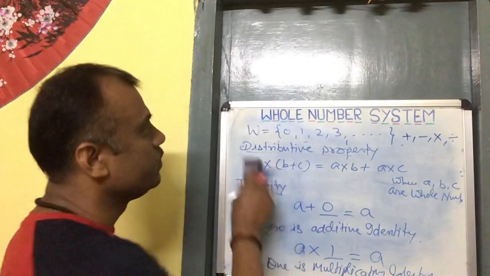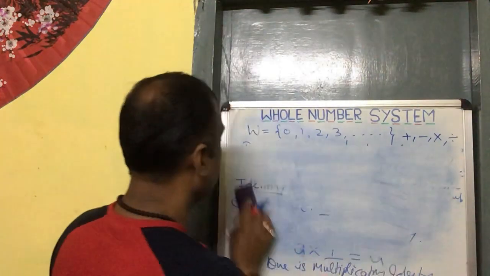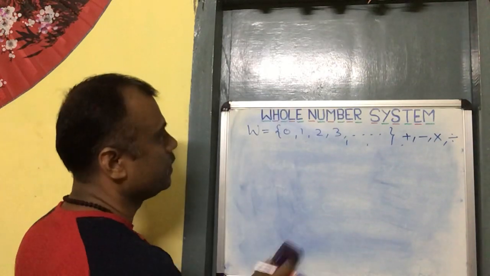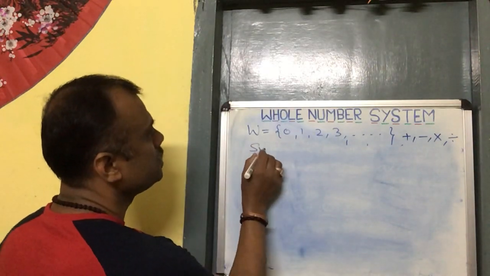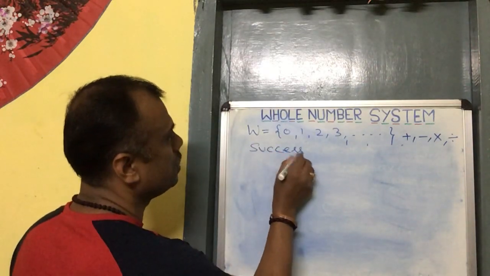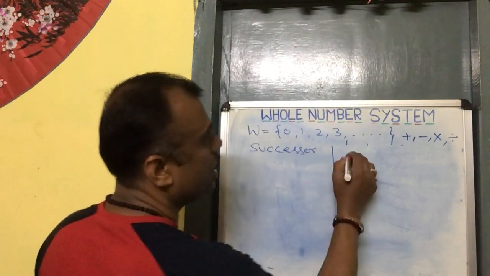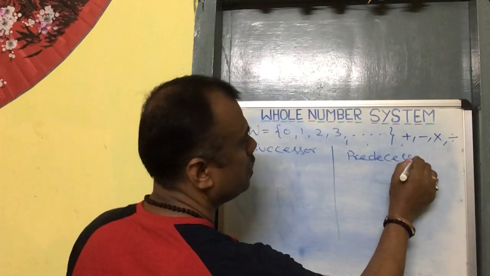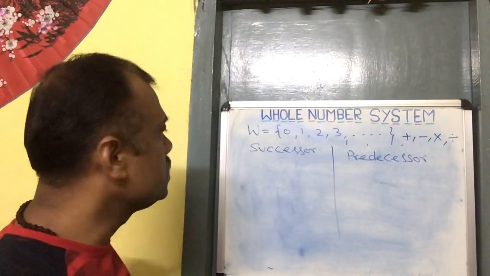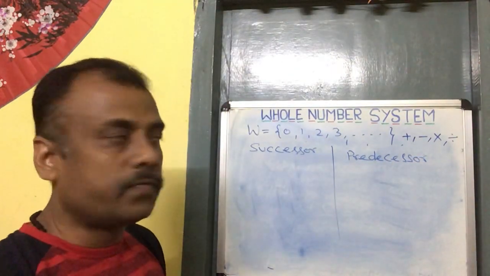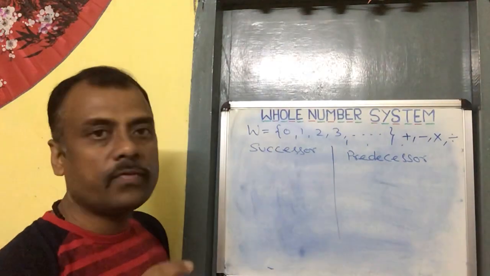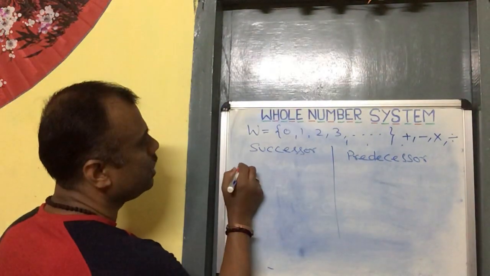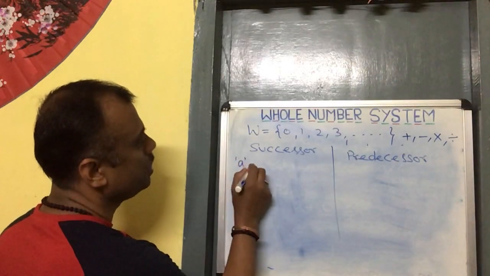Apart from these, we will discuss a little bit about the successor and predecessor. Successor is nothing but the addition of 1 to any whole number. For example, A is a whole number.